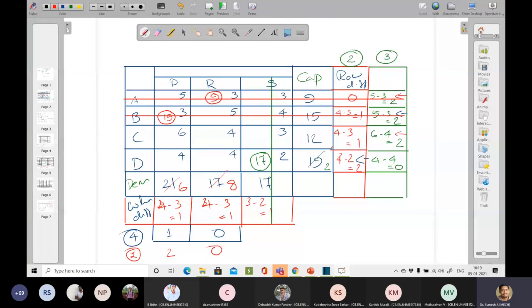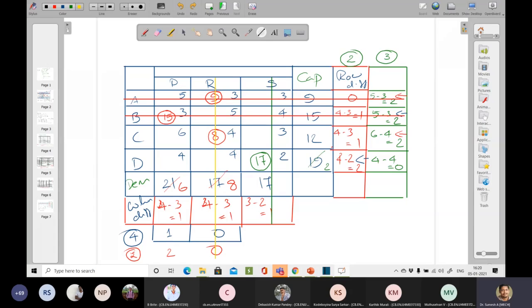Okay, lowest cost is 4, that is CR. Condition is demand is 8 and capacity is 12. So you can give that 8 over there. Once you give 8 over there, that also will get terminated.